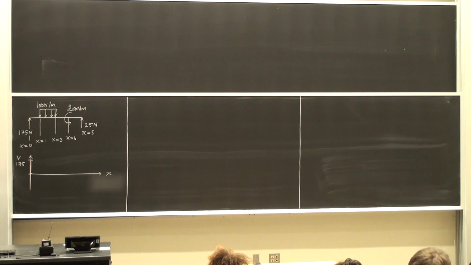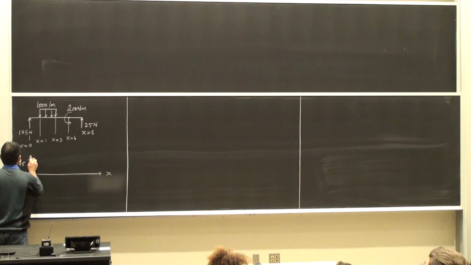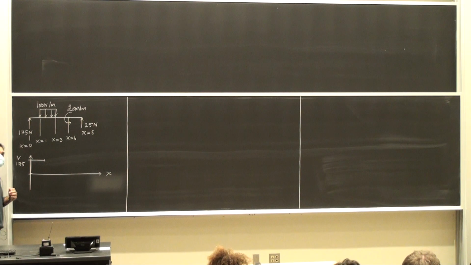That was 175 newtons. Then between x is equal to 0 and 1, there are no forces acting, which means that if I start at 175, it's going to remain at 175. Okay, so I go constant, okay, 0 slope, because there is no force acting there, no distributed load acting there.